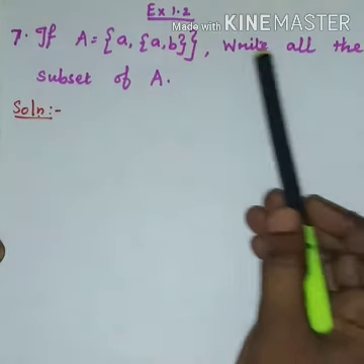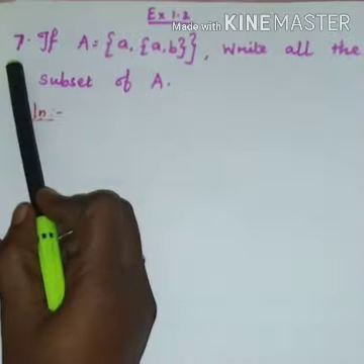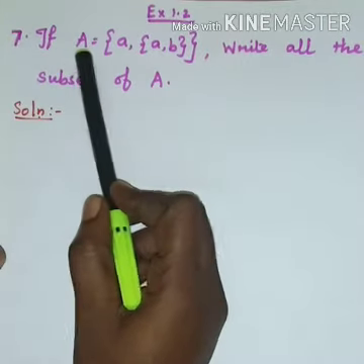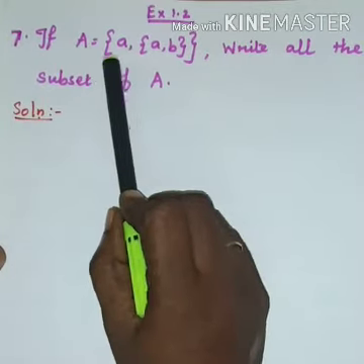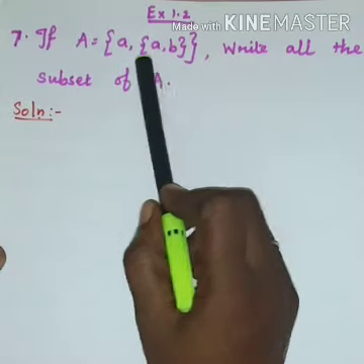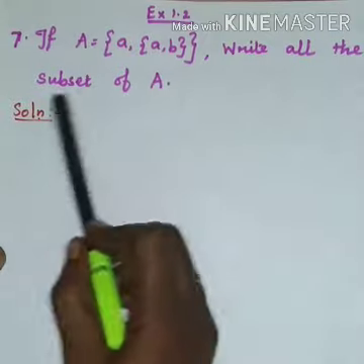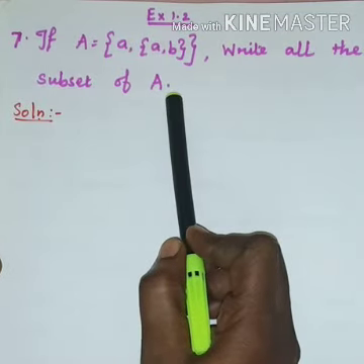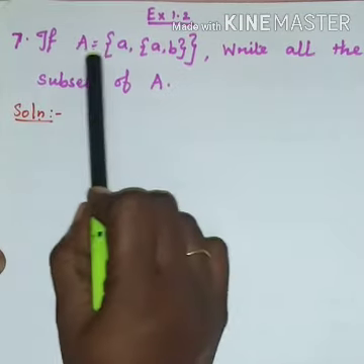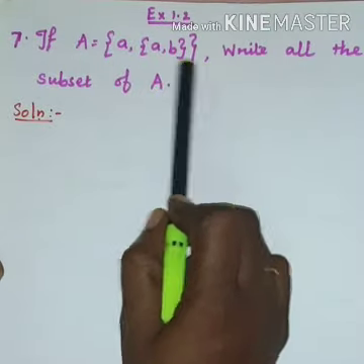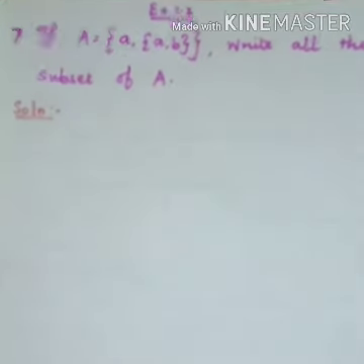Next is exercise 1.2, seventh sum. If A is equal to the set {a, {a, b}}, write all the subsets of A. So here the set A is given. The set A has two elements.